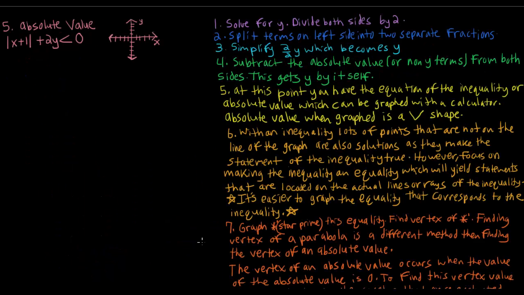Number 5: the absolute value of x plus 1, plus 2y, is less than 0. In this problem, step 1, we're going to solve for y.